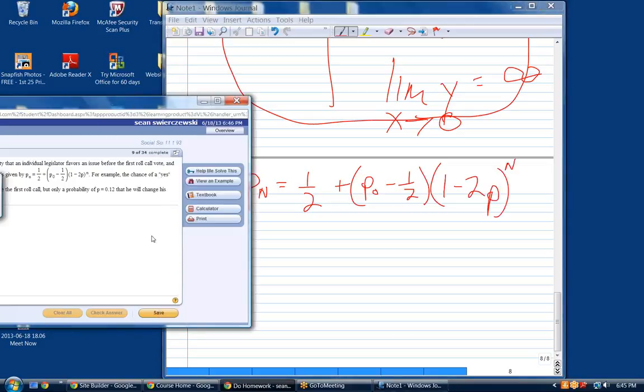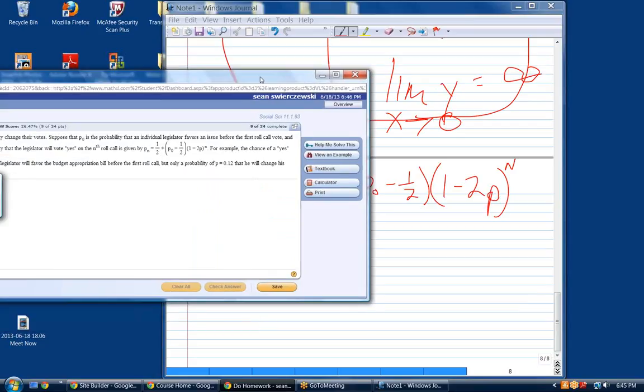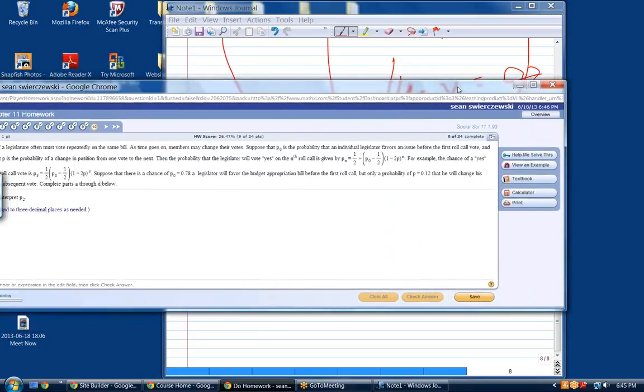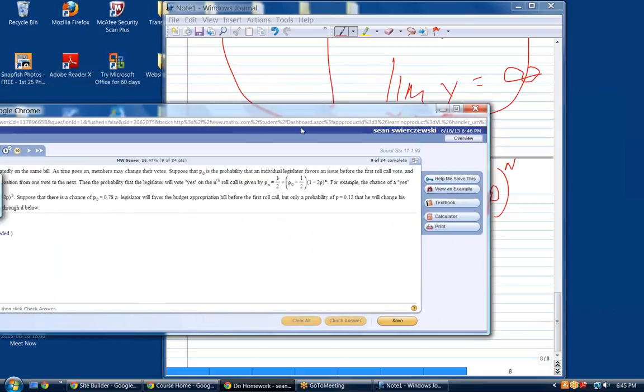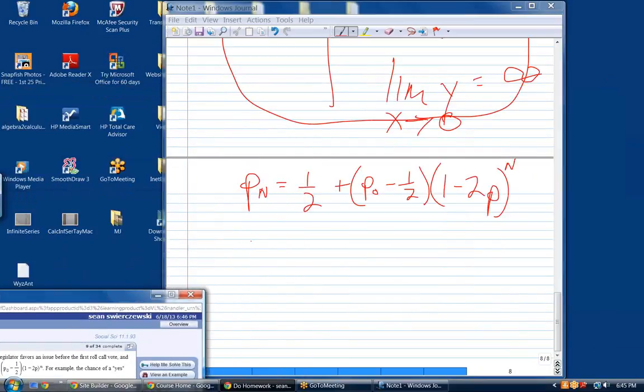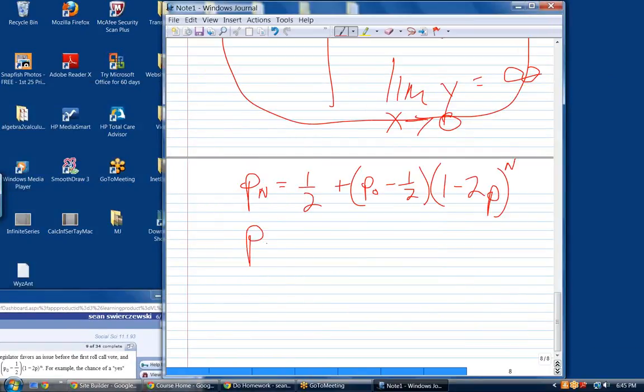So they're asking to interpret p sub 2. So they want to know p sub 2. Well, which means that wherever we see an n, we're going to fill in 2.